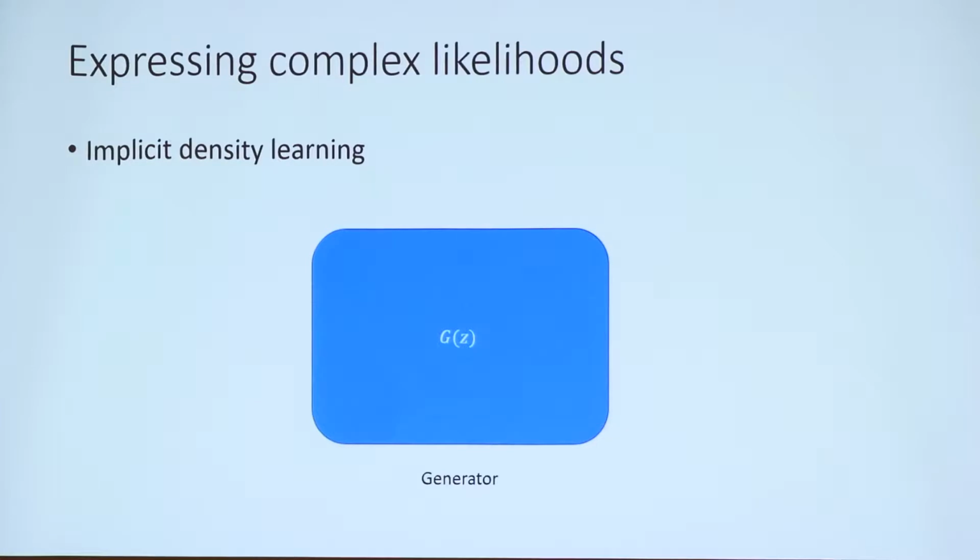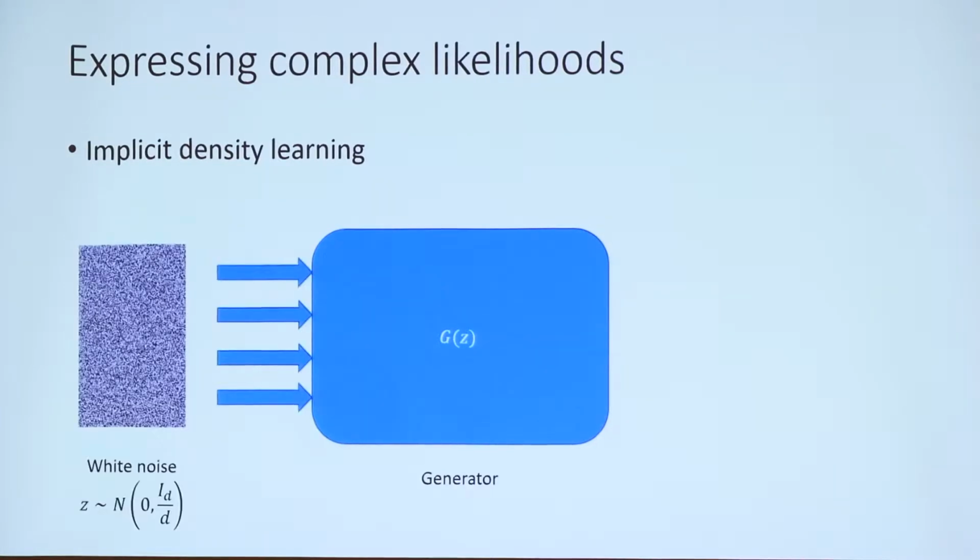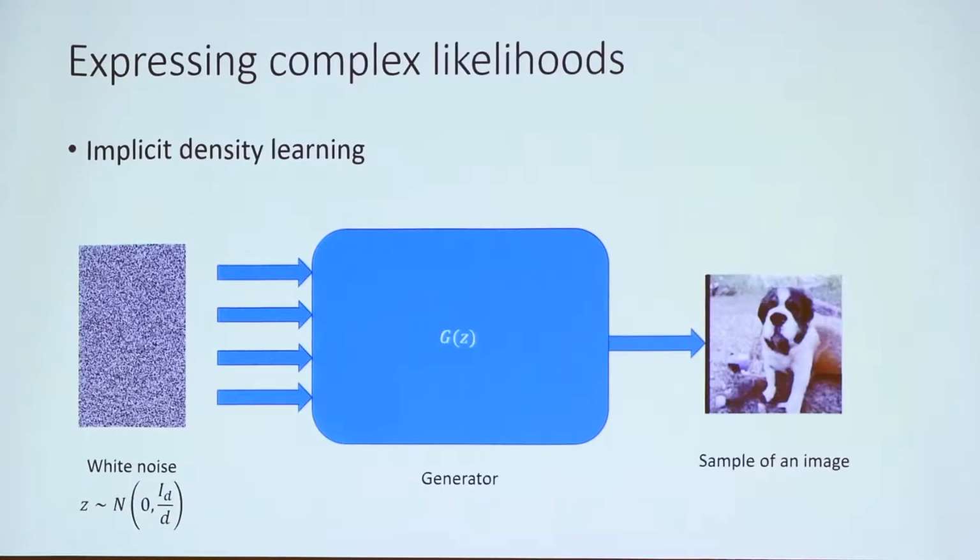All you need is some black box that takes as input random noise, so takes an image that is just Gaussian white noise, passes it through some black box, which could be some complicated function, and at the output, you get an image. And the goal is that when this black box takes a random draw of this noise, the output will be a random draw of the underlying distribution of images from which your training data were generated, right?